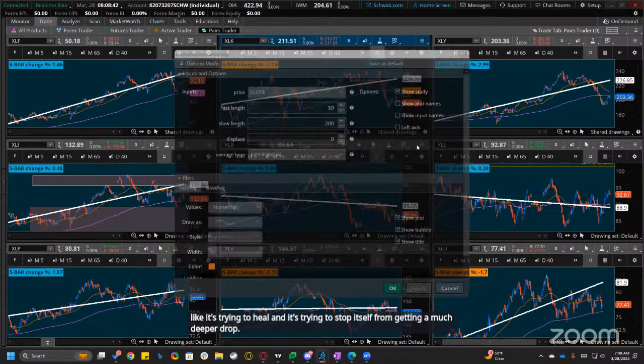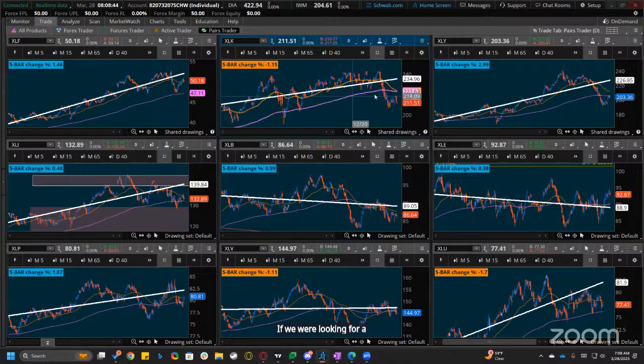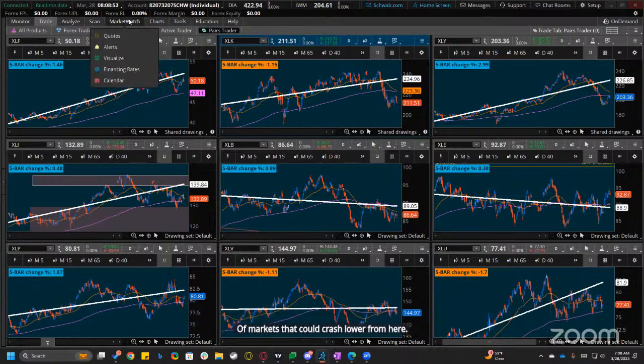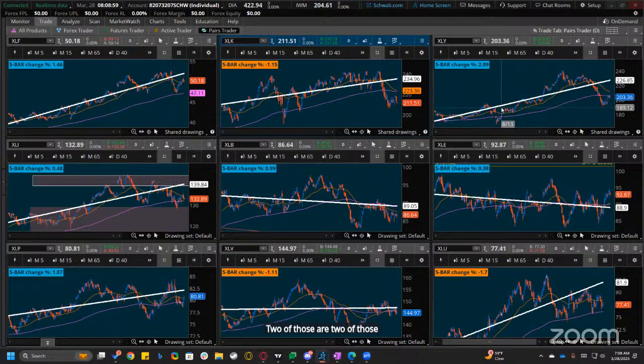If we were looking for a market to crash, those three look like great examples, great candidates of markets that could crash lower from here. Two of those are great representations of the Mag 7, or the Lag 7, as I've heard them called lately.